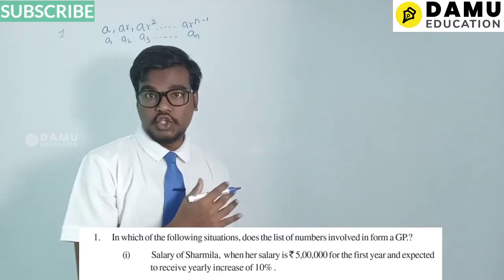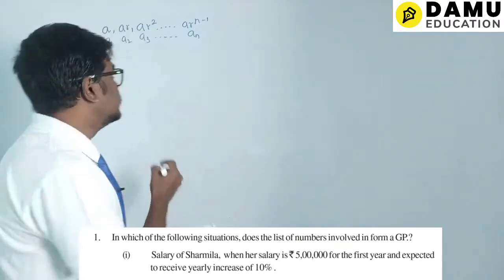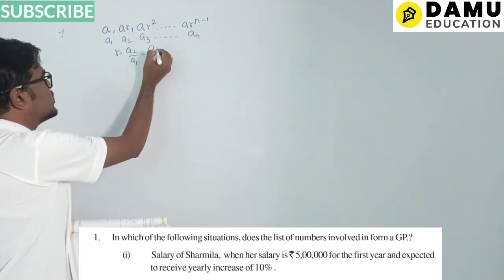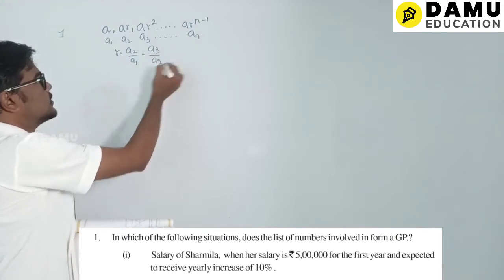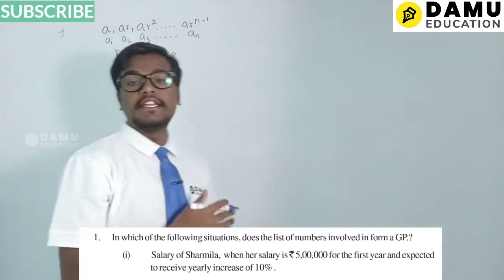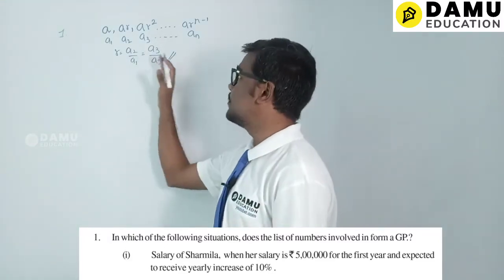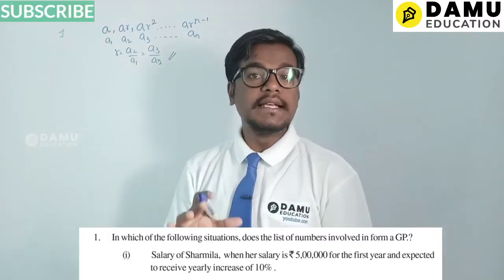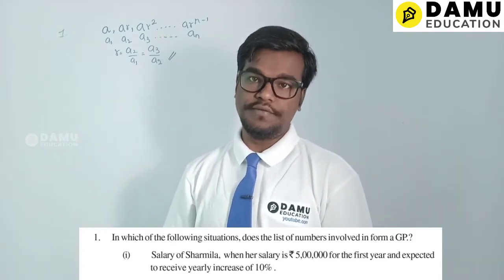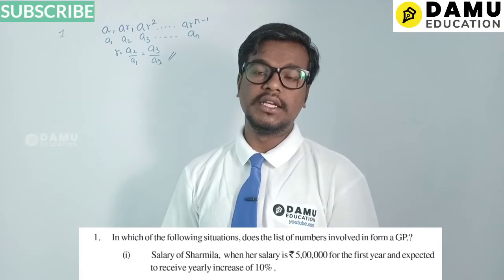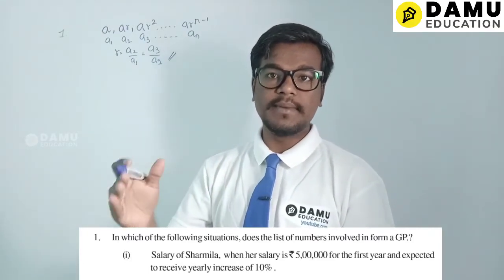What is the common ratio here? The common ratio R will be equal to A2 by A1, that is A3 by A2. So the ratio will be the same if you divide any two successive terms. One constant term is multiplied with the previous one.